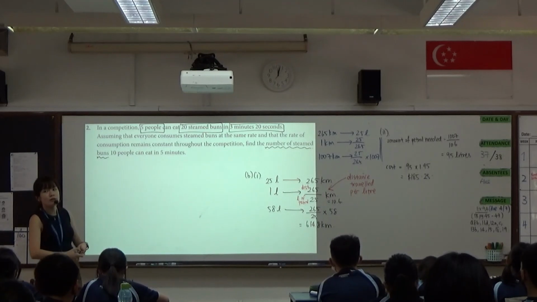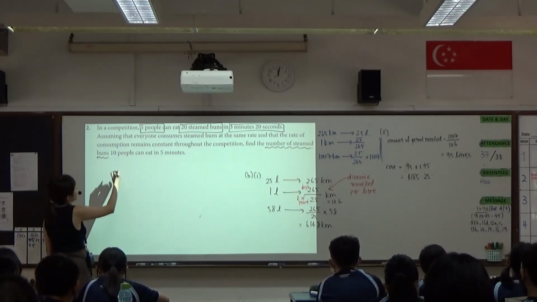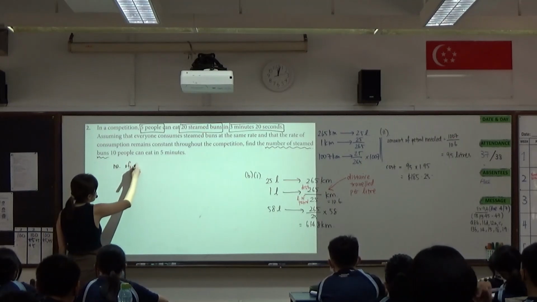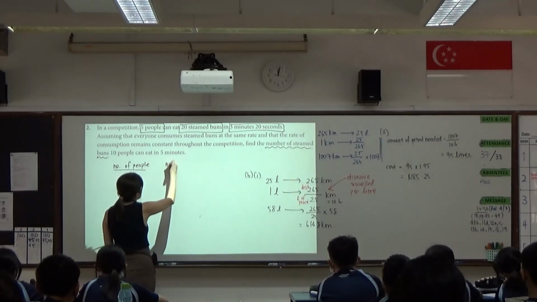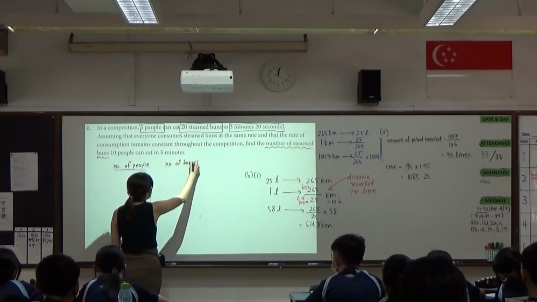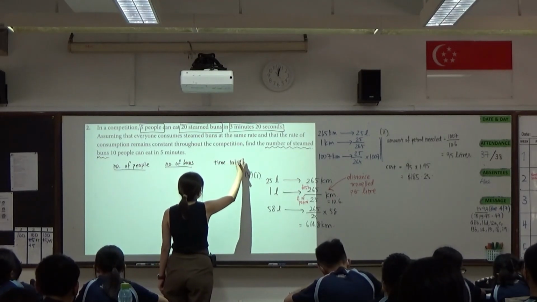So because there are 3 quantities, let's present our answer in a 3 quantity manner, somewhat like a table, but you need not draw a table. So we can find out the number of people, number of buns, and then the time taken.